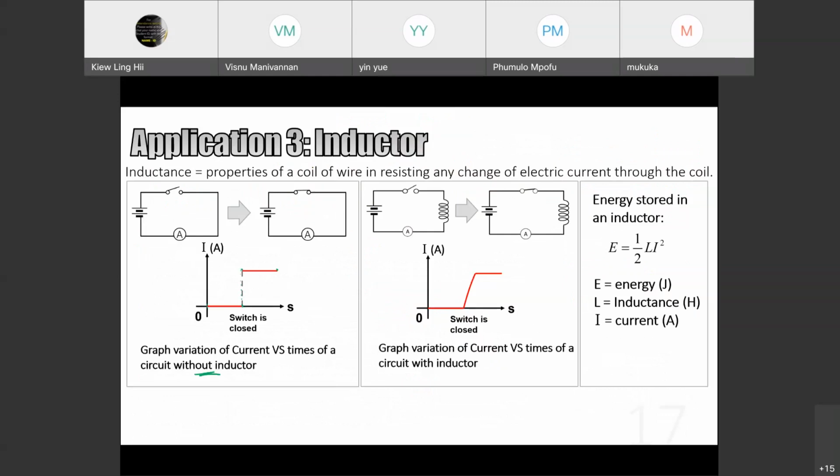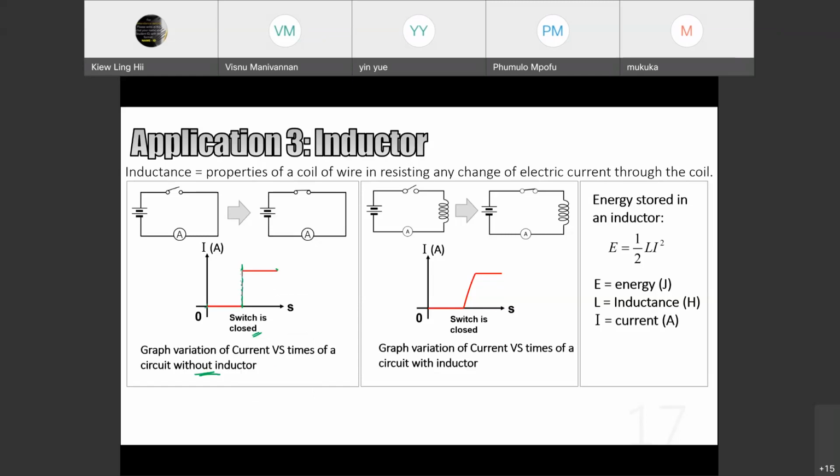The moment you turn on the switch, the light bulb immediately goes to its full brightness. Why? Because the current is shooting upwards immediately at the moment when the switch is just closed.